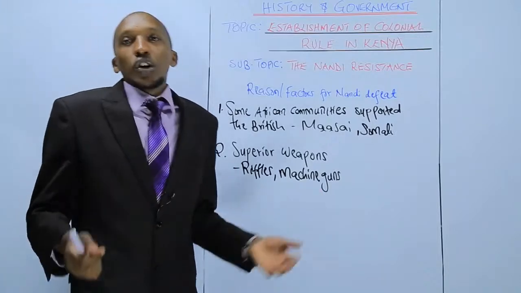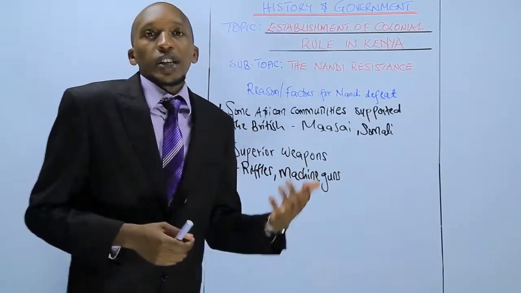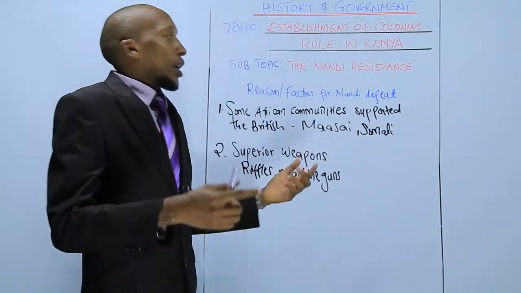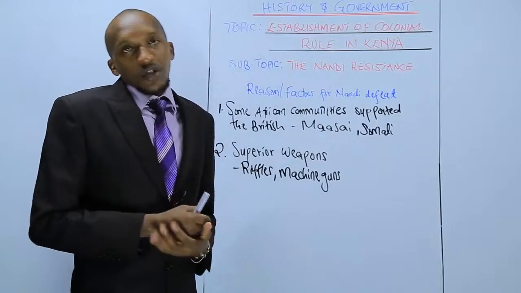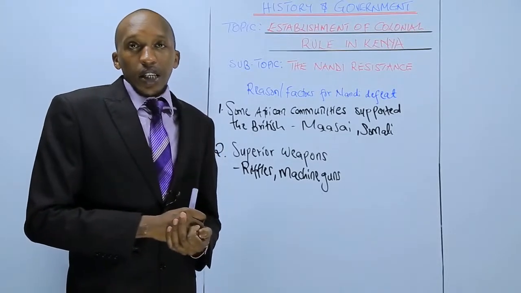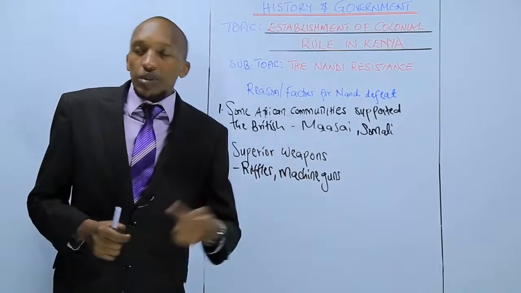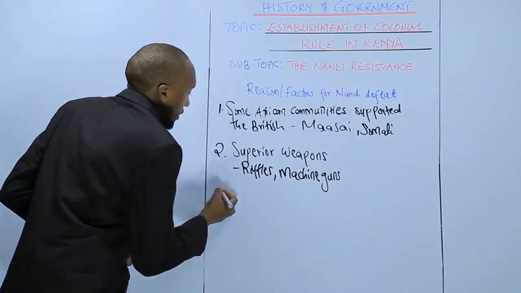The Africans had not mastered the technology of creating guns. Remember, even during this period, there were no industries producing arms in the Kenyan territory. So that made a contribution towards the Nandi being defeated by the British.